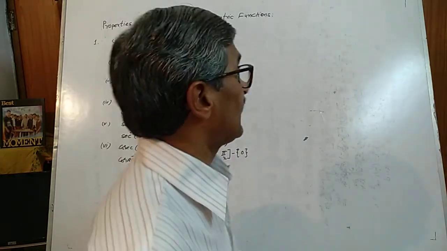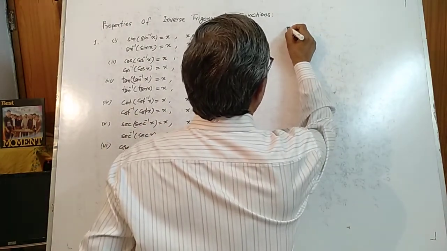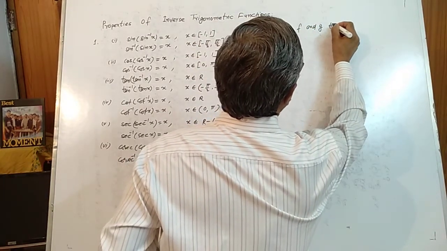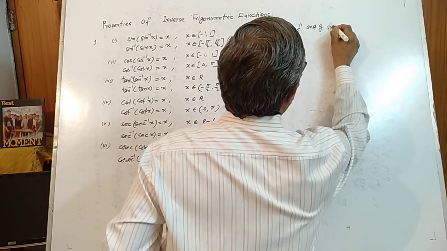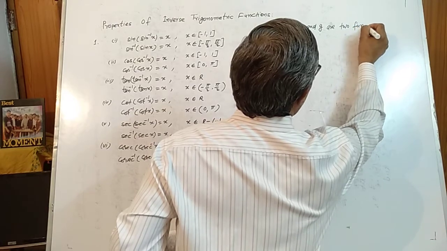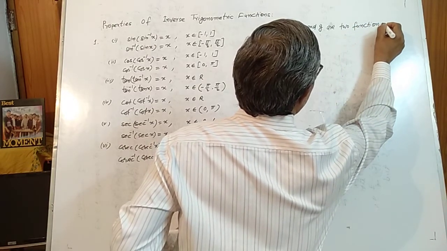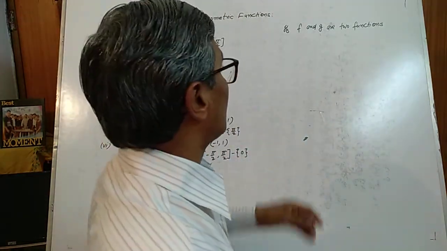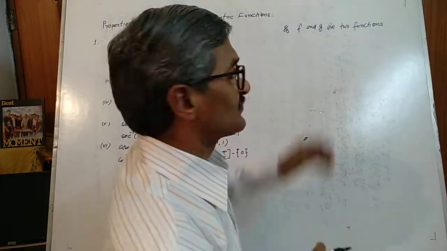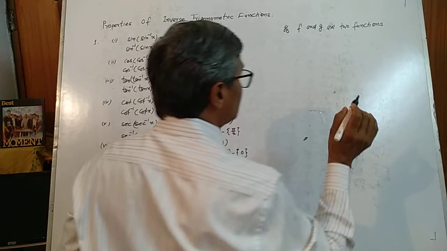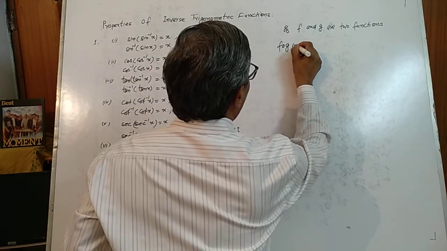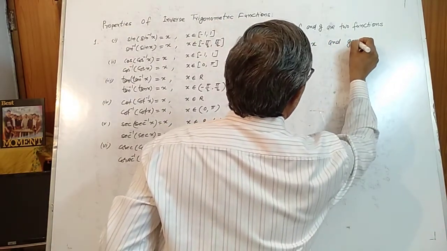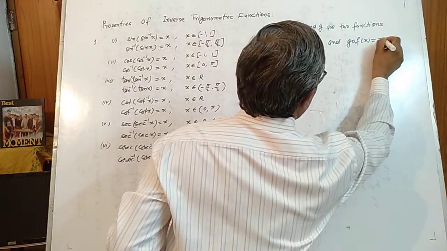I have written that if f and g are two functions such that f and g are bijective and invertible, and g is the inverse of f, then by definition, f of g x is equal to x, and g of f x is equal to x.